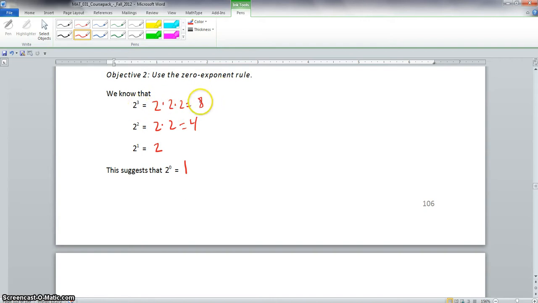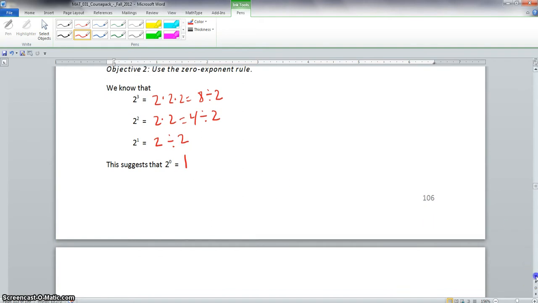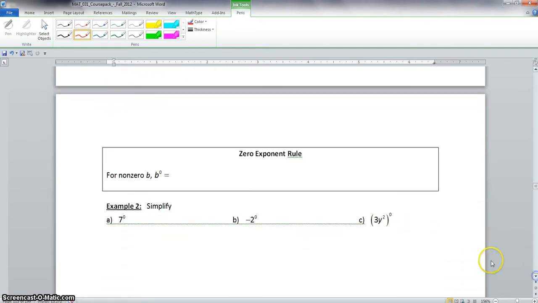So 2 to the 3rd gave us 8. To go down to 2 to the 2nd, we would take this 8 and divide it by 2, and that would give us this answer. We would take this 4 and divide it by 2, and it would give us this answer. And then we would take 2 divided by 2, and it would give us this answer. So that is why it suggested that 2 to the 0 is 1.